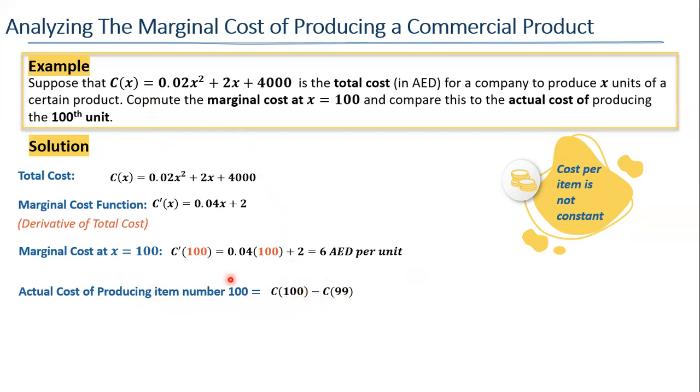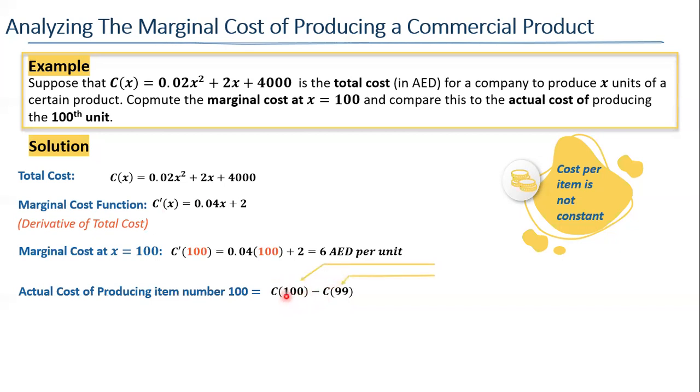Because C of 100 means the total cost of producing from unit number 1 to unit number 100, and C of 99 is the total cost of the items from number 1 to number 99. So when we find the difference, we'll get the exact or actual cost of the hundredth unit.